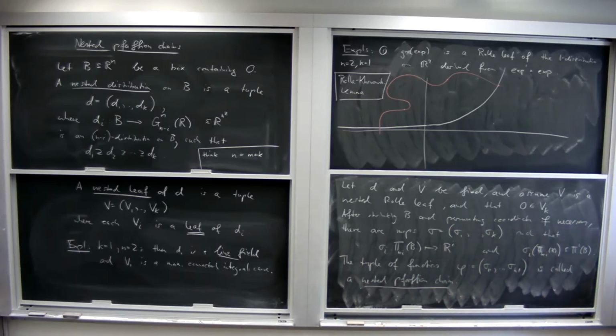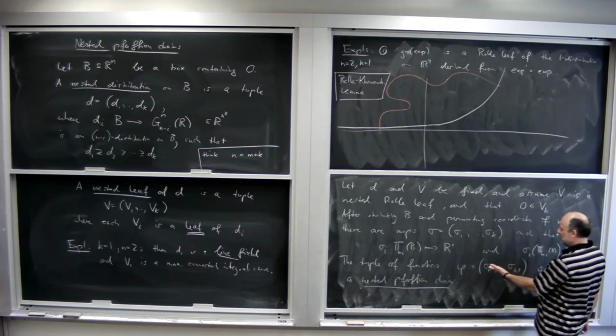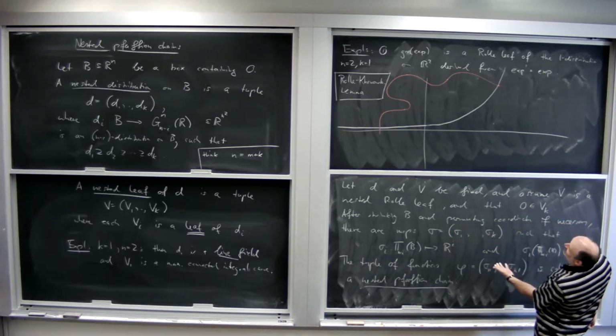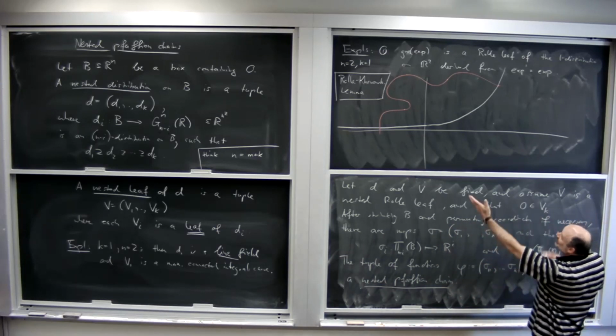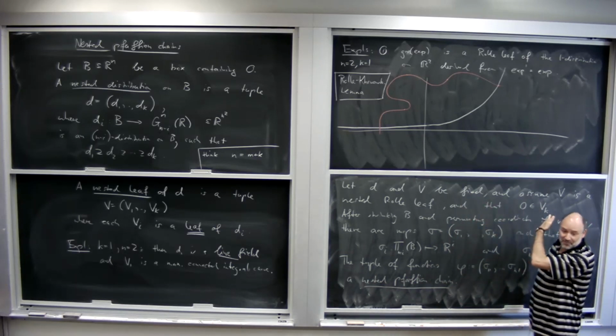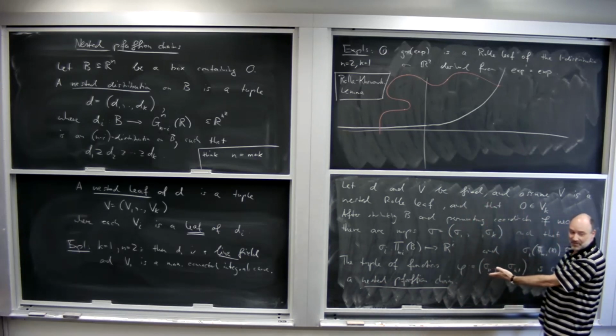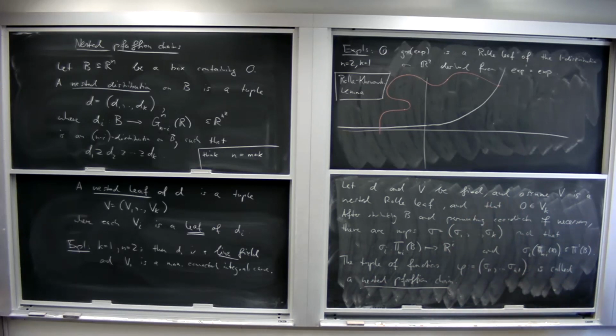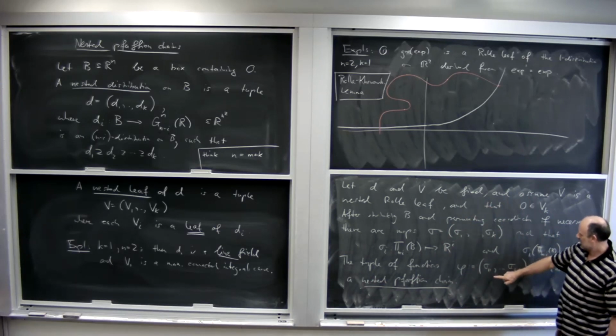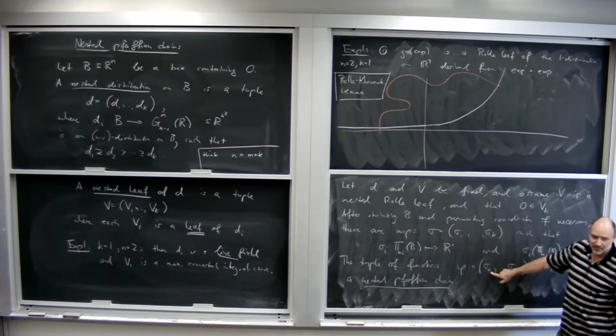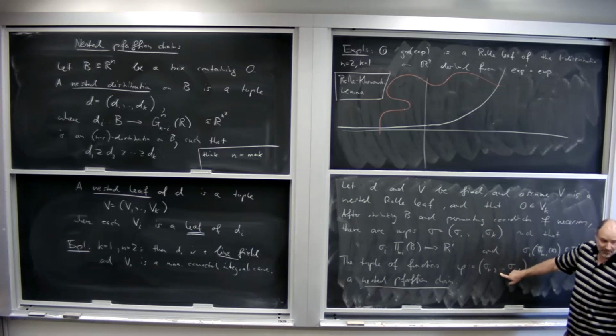It's a little bizarre, but this is now a tuple of maps, functions. So now we have a tuple of functions. Somehow it has something to do with the system, and therefore with Pfaffian chains, but we call it nested Pfaffian chain. There are some obvious differences here right away. The first one here is a function of n minus 1 variables. The next one is a function of n minus 2 variables, and so on, right?